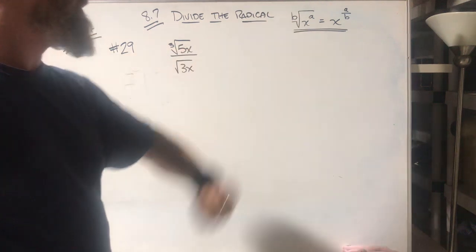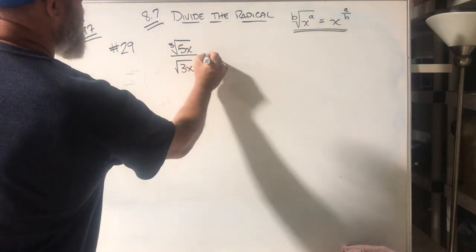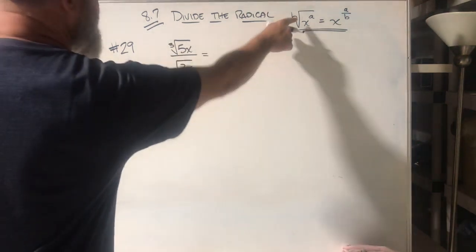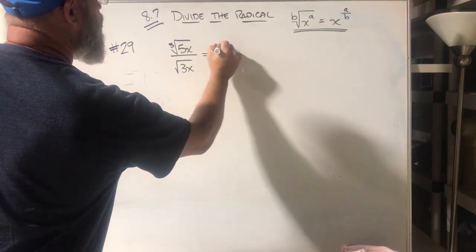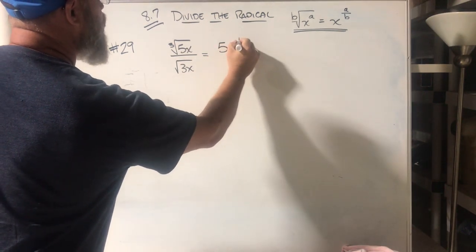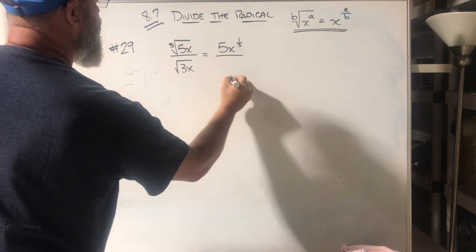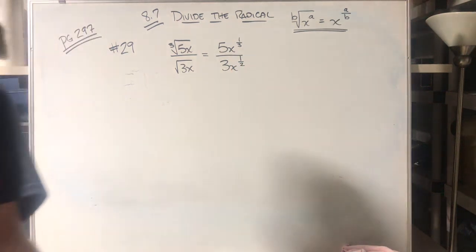All right? So what we need to do is rewrite each one of these. Knowing this, we can rewrite the top as that, and the bottom as that.